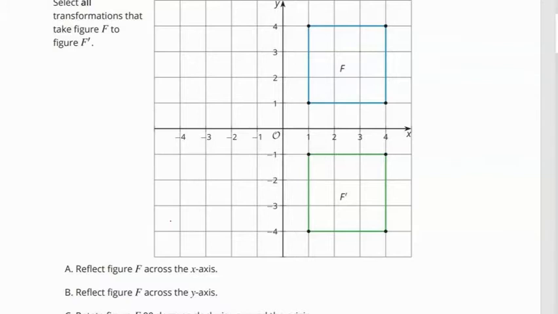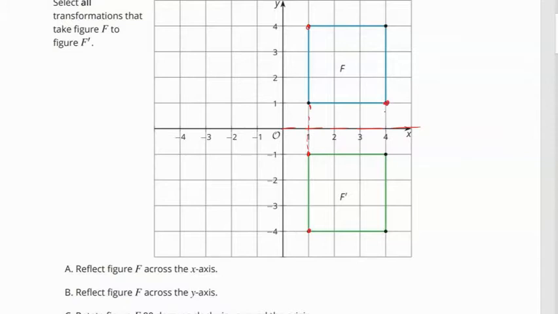Number 1, they say reflect figure F across the x-axis. Well, here's your x-axis, right? And if you reflect across, this point would map over here. This point would map over to this point.